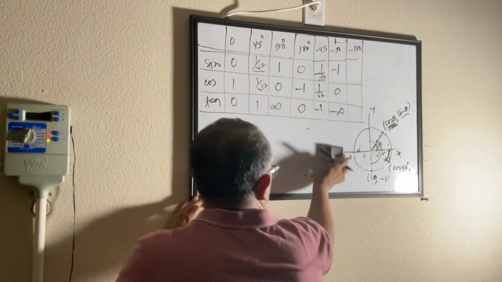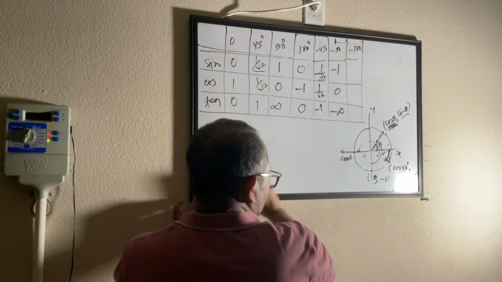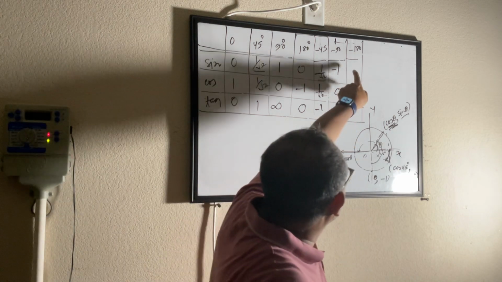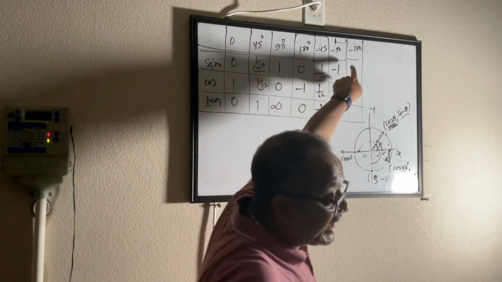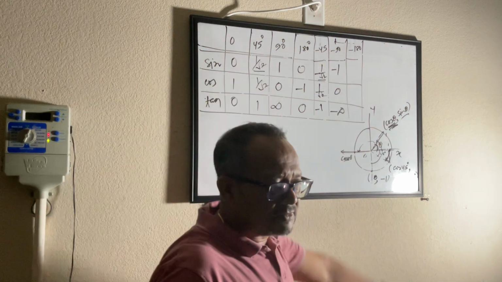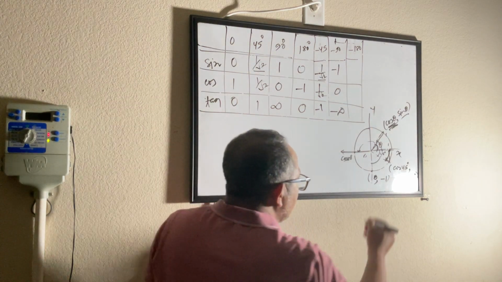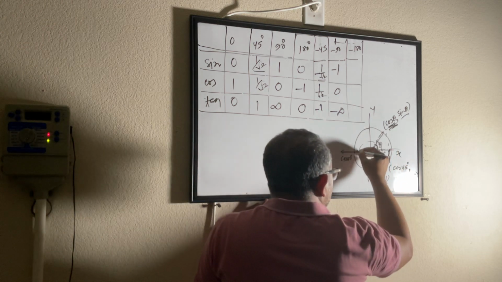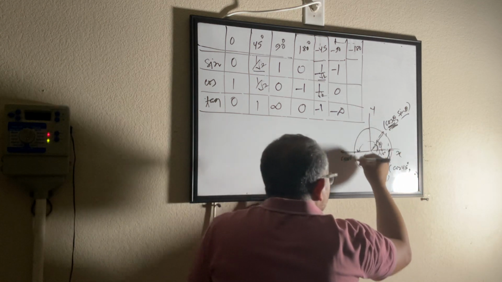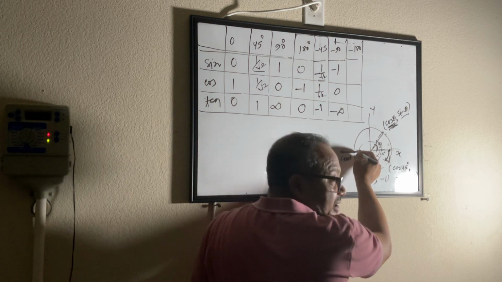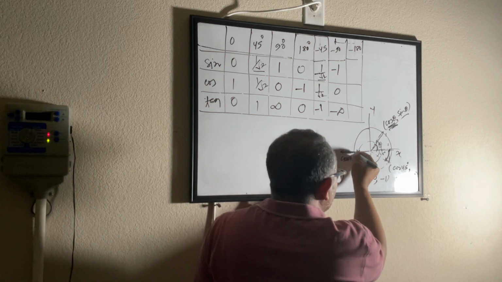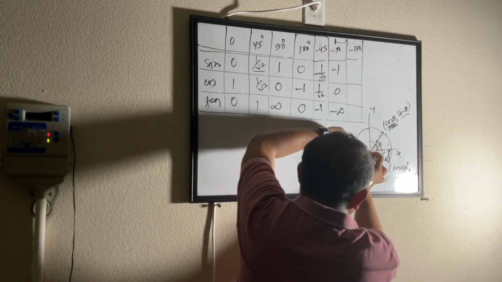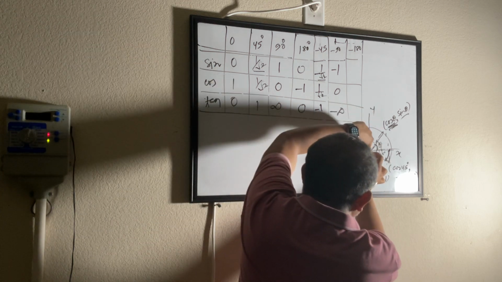Now I want you guys to use your visualization skills to find out the value of sine 180 and sine minus 180. What am I talking about? First of all, what is minus 180? 180 will be this. Minus 180 will be in the clockwise direction, again coming back to the same point. So I came to this point, and at this point cos is 1 unit in the negative direction.